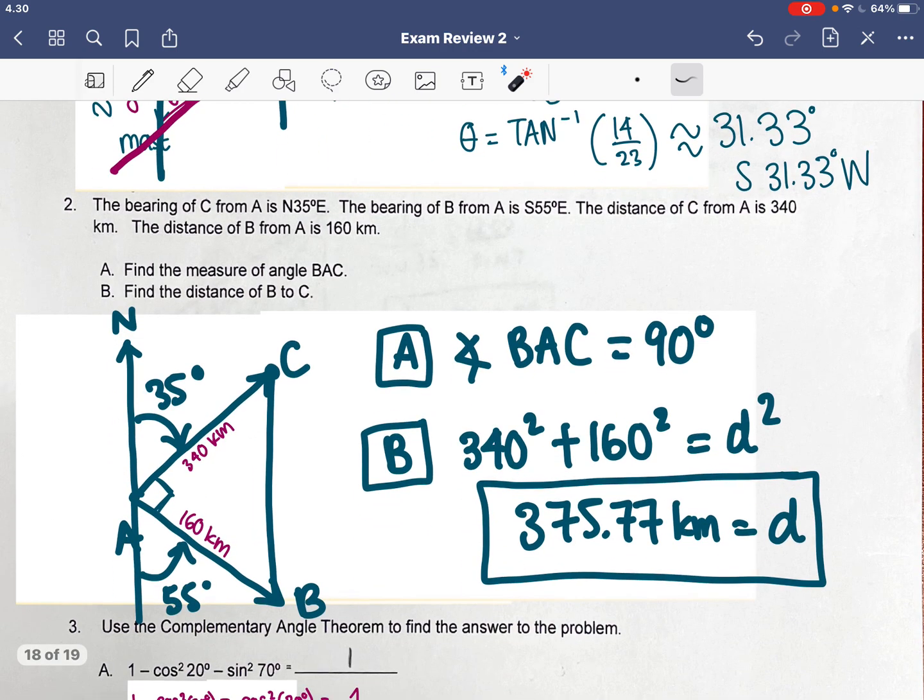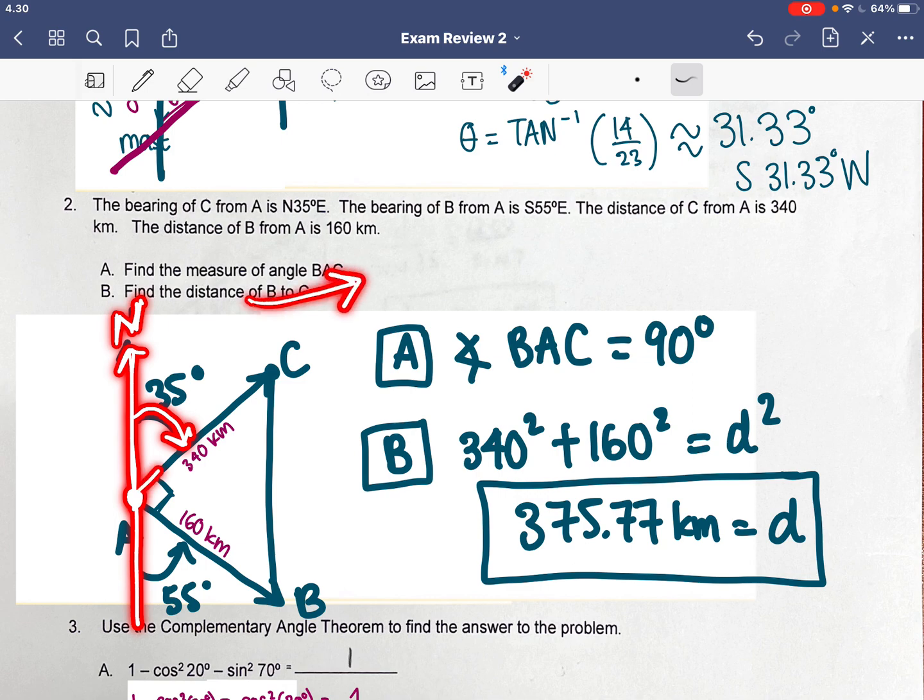Okay, problem 2. It says the bearing of C from A is north 35 degrees east. So from A, we go to C. How? From A, again, we draw the vertical line of true north, and then we go 35 degrees due east, right? East is this way. So this is C here.